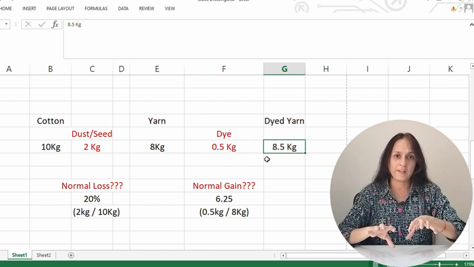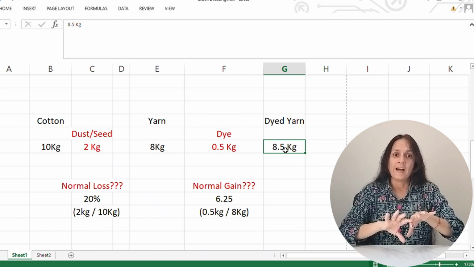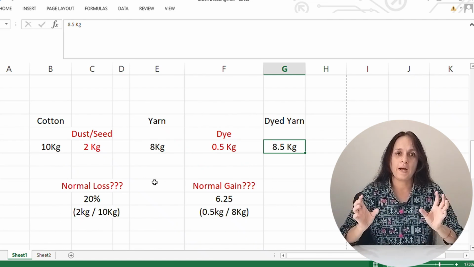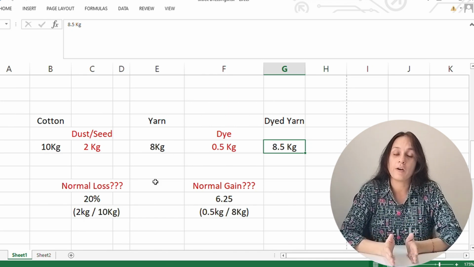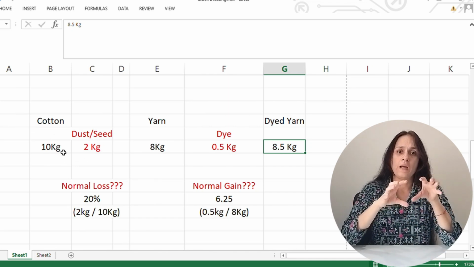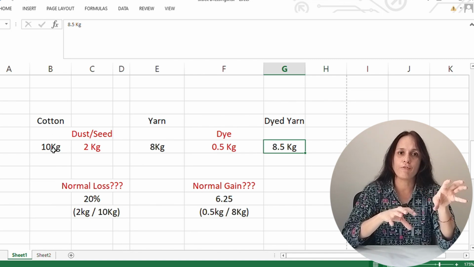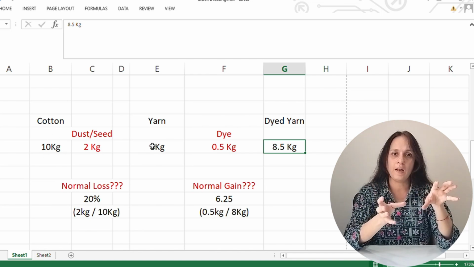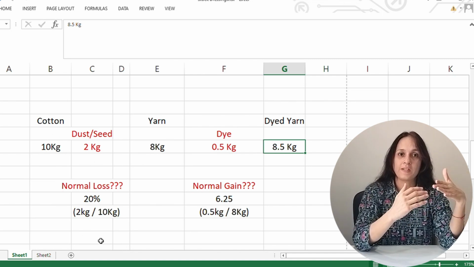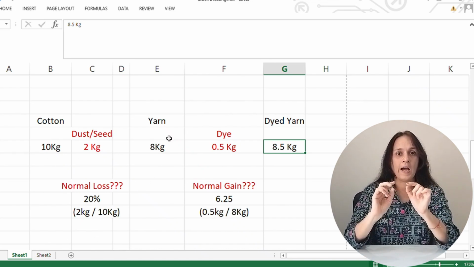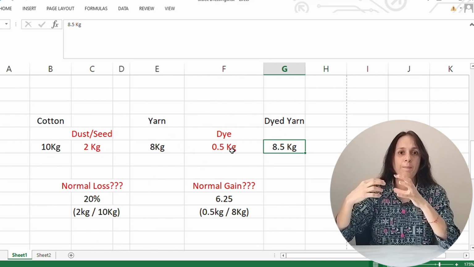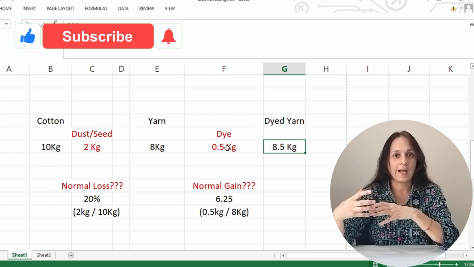So if you want to understand, what you need to do is study the industry. If you are doing a garment or yarn manufacturing, study how much quantity of raw material of cotton gets converted into the yarn. What is the normal wastage? How much of that yarn is added up in terms of the color that it gets dyed into?